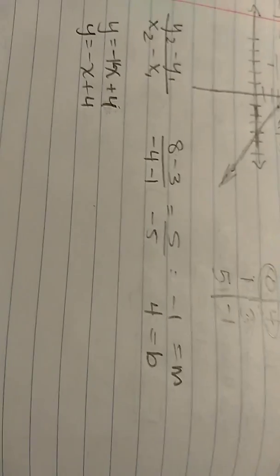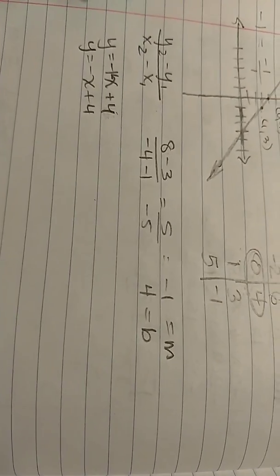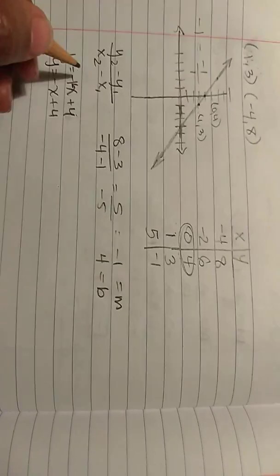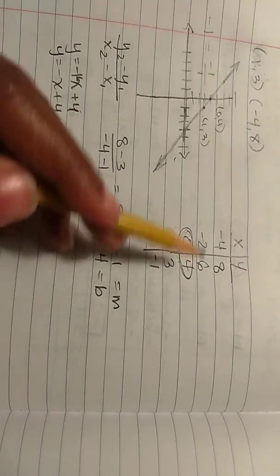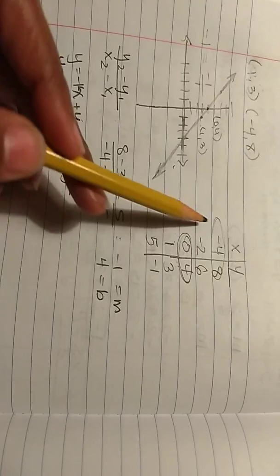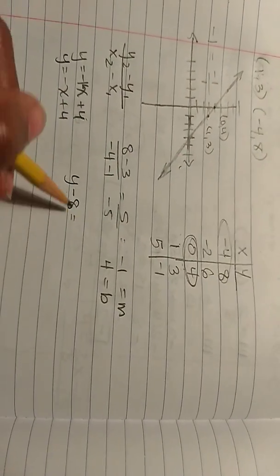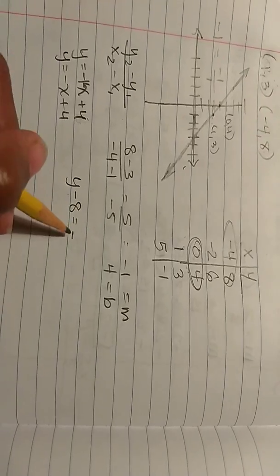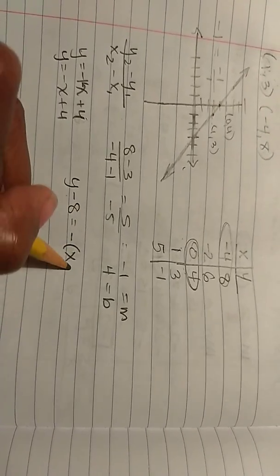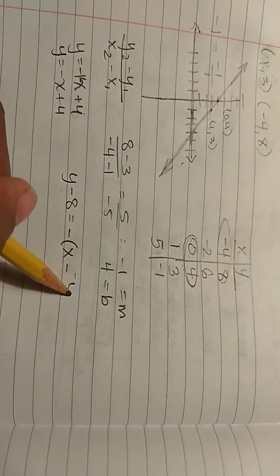Or you can do point-slope form, and that would be y minus, and just pick any of the points. Let's just pick this one. y minus 8 equals the slope, which is negative 1, times x minus a negative 4.